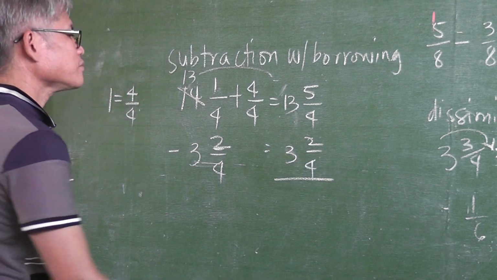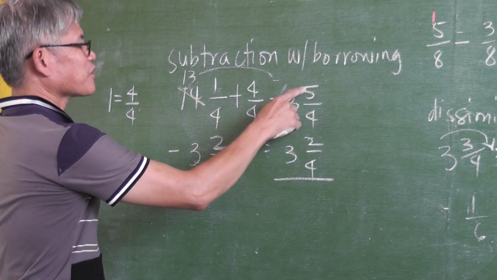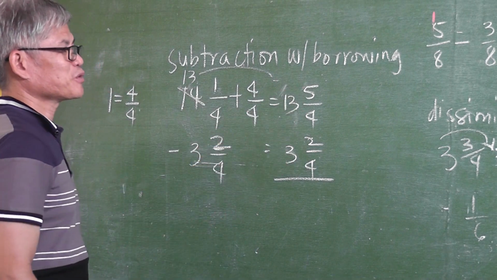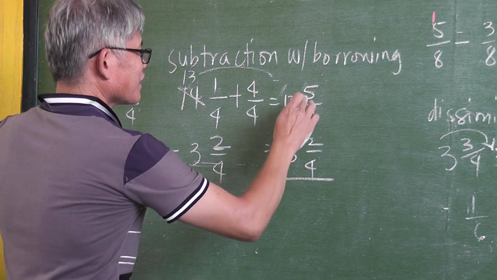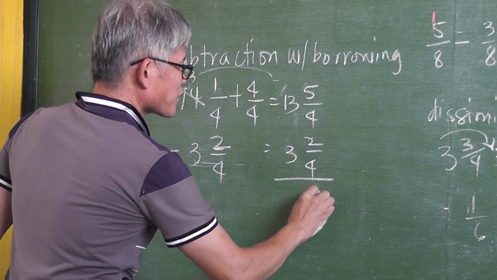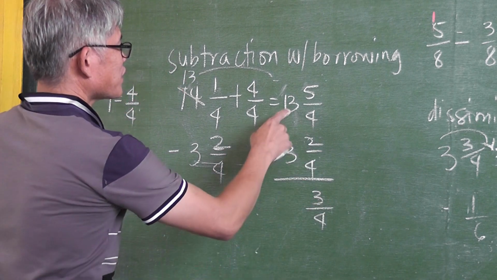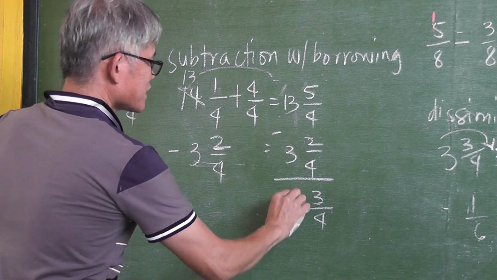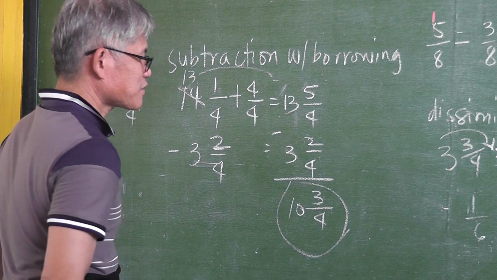Now we can subtract because 5 is greater than 2. 5 minus 2 is 3, and then we'll write the denominator. And then 13 minus 3 is 10. This is already in simplest form.